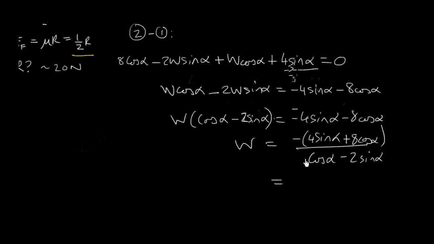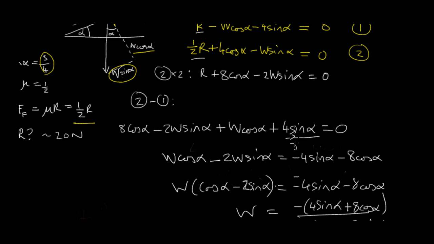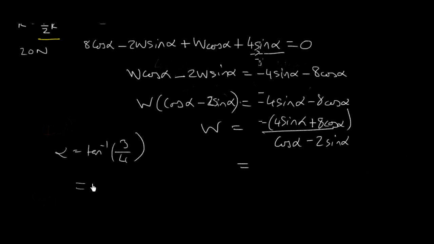So inverse tan of 3/4, tan alpha was 3/4, right? So to find alpha we just need to do tan to the -1 of 3/4. 36.9.